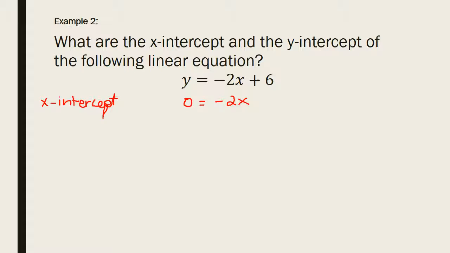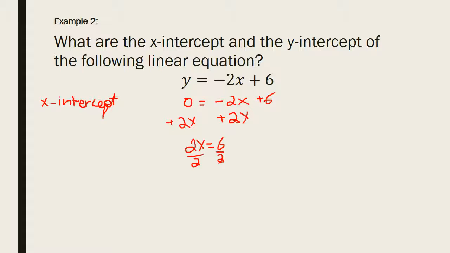So in this case, I'm going to have to move 2x to the other side, as positive 2x. I'm trying to make my linear equation positive. And then I'm going to end up with 2x equals 6, divided by 2, divided by 2.